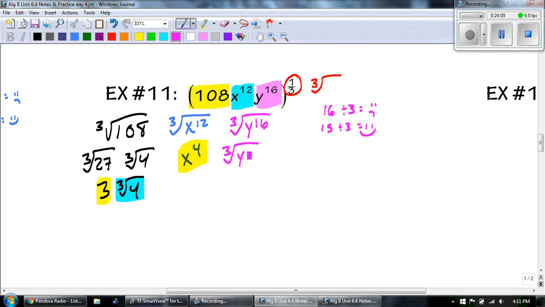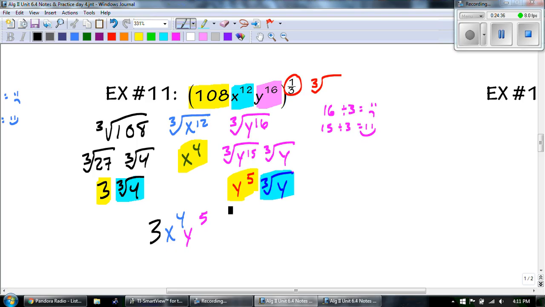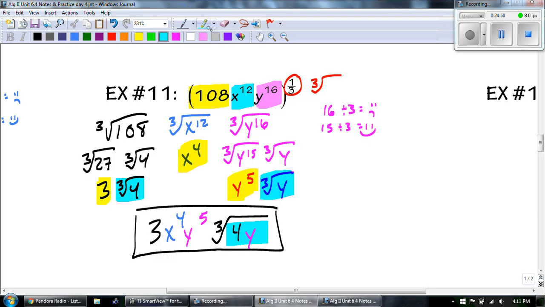So I have the cubed root of y to the 15th and the cubed root of y. 15 divided by 3 is 5, and then my remainder. Okay, so there's my simplified part. There's my remainder. I put everything in yellow out front, so 3, x to the 4th, y to the 5th, and now I work on my remainder, everything that was highlighted in blue, and that's the 4y. And that's how we get our answer.